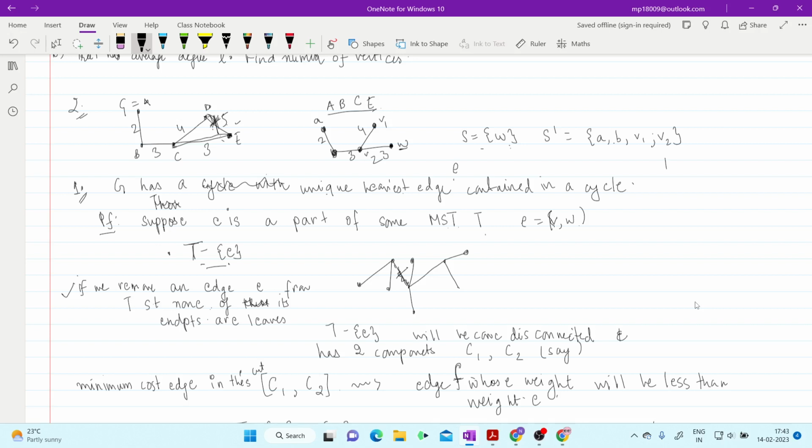So if we want to compute the minimum cost edge, what do we do? We write W here, and A, B, V1, V2 here, and this is the partition.